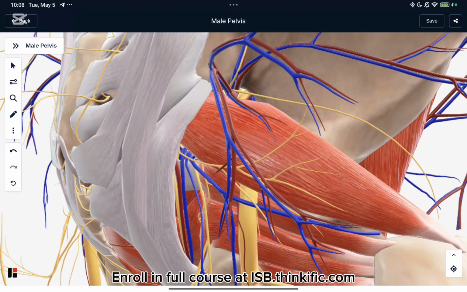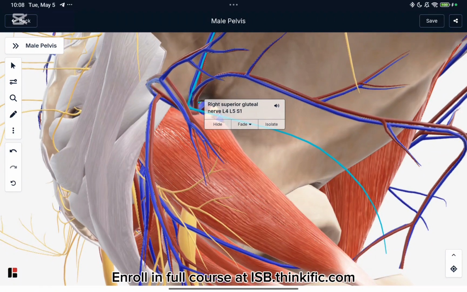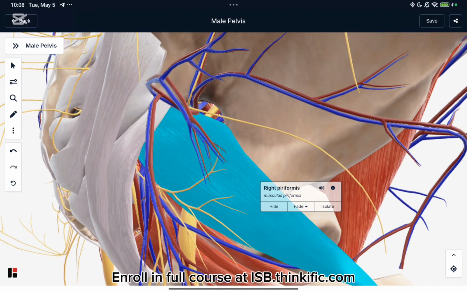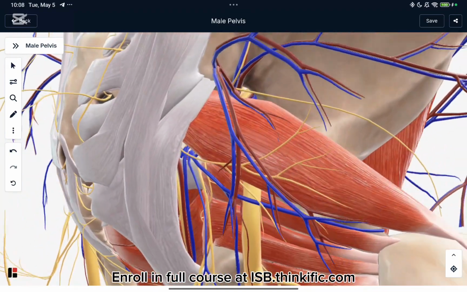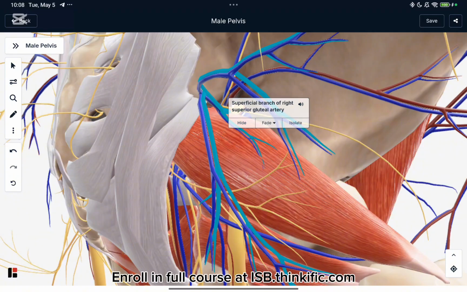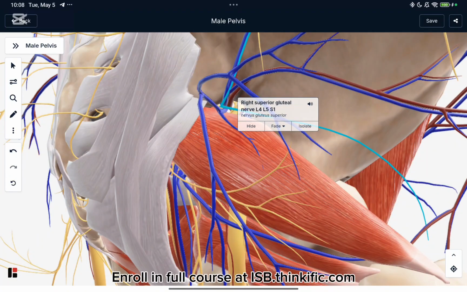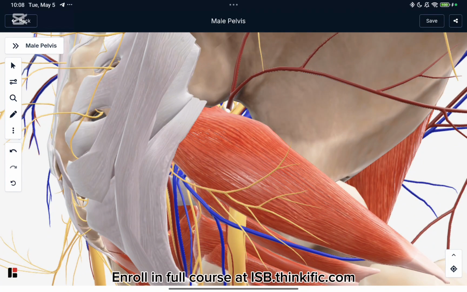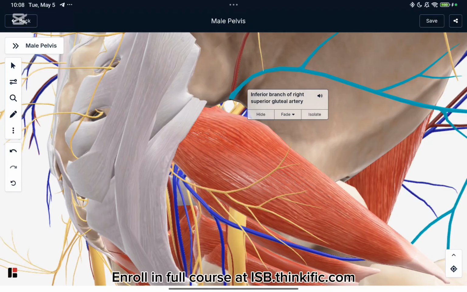Here it is. This is the superior gluteal nerve, a branch of the sacral plexus, right? And these are the vessels, superior gluteal artery and vein. So we'll just remove them to simplify the picture.